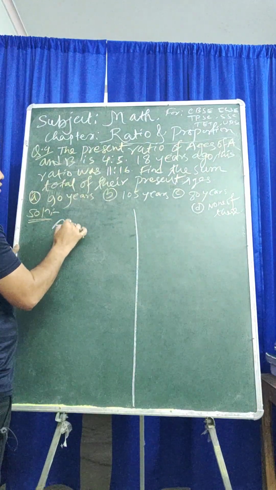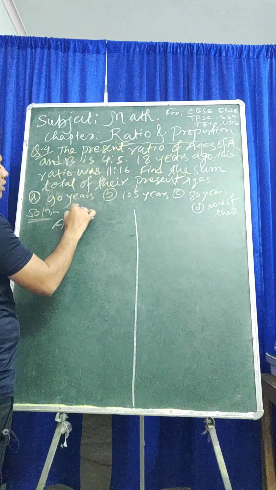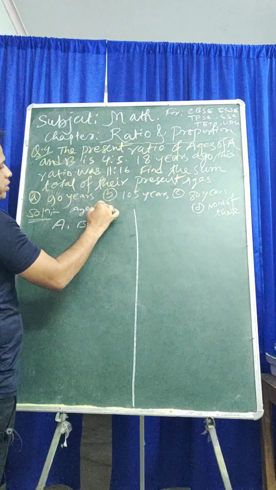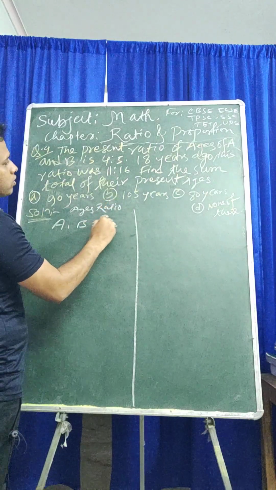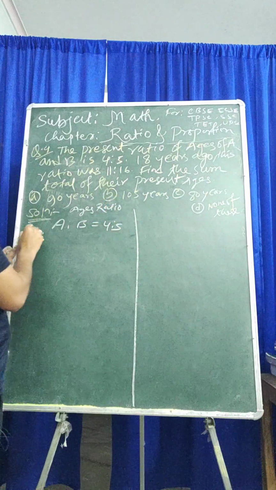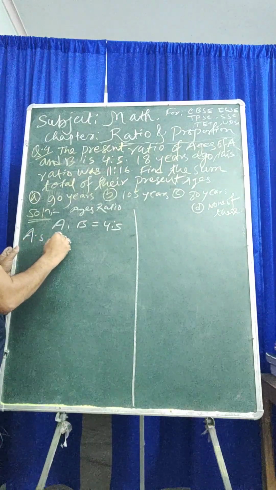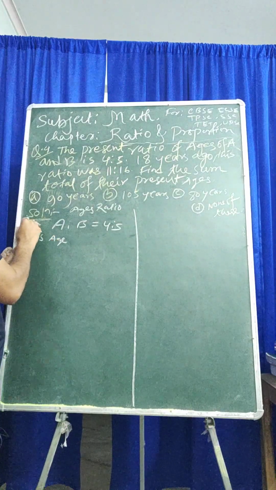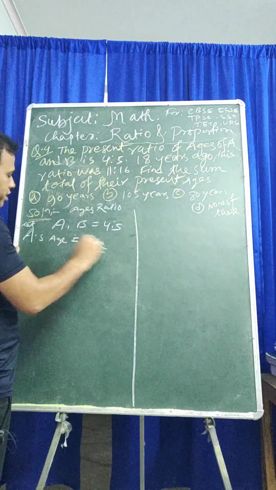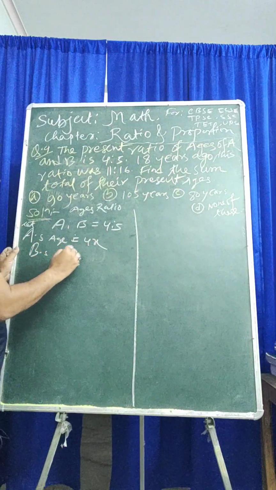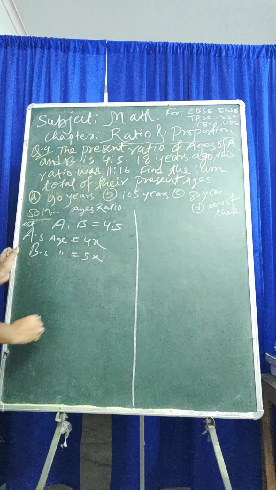Now the ages ratio, A to B, is equal to 4:5. So I consider let A's age be 4x and B's age be 5x.